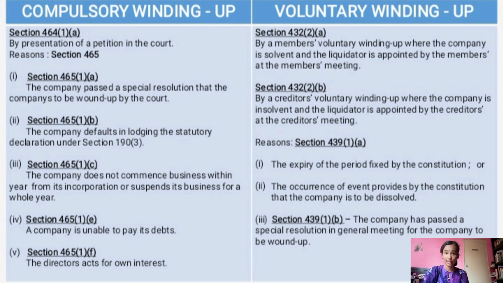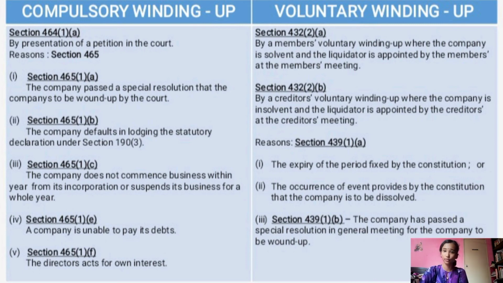Now we shall see the reasons for voluntary winding up. According to section 439 subsection 1a in the Companies Act 2016, the first reason is the expiry of the period fixed by the Constitution, or the occurrence of an event provided by the Constitution that the company should be dissolved.